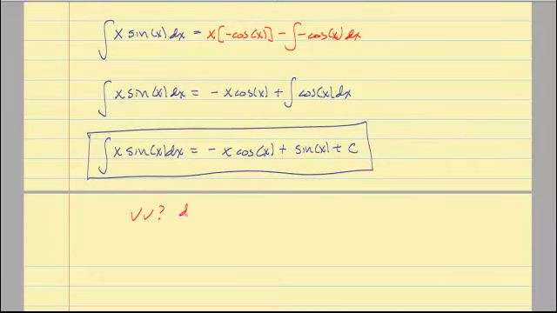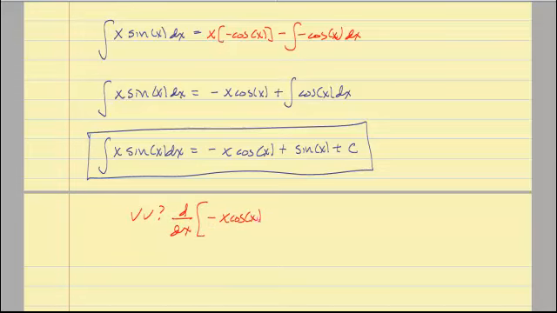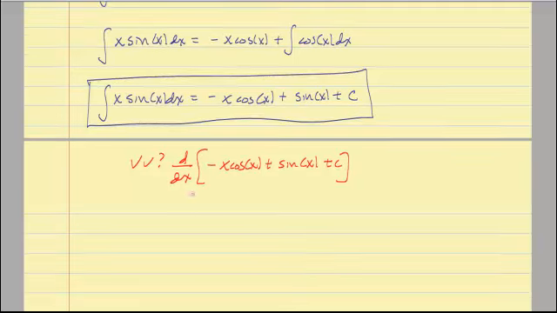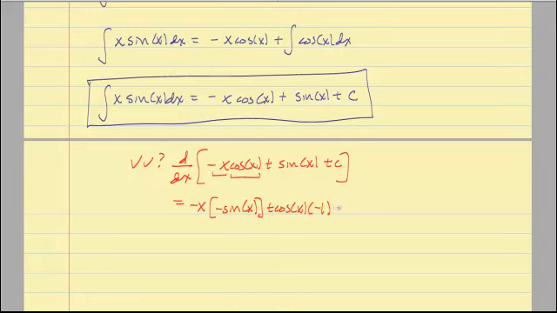And yes, we can. We can take the derivative of our solution, and what should happen is I should get the integrand back if that works. So let's go ahead and look at a derivative here. For this first part of our derivative, I'm going to have the product rule. So I have the first times the derivative of the second. The derivative of cosine is a negative sine, plus the second times the derivative of the first.